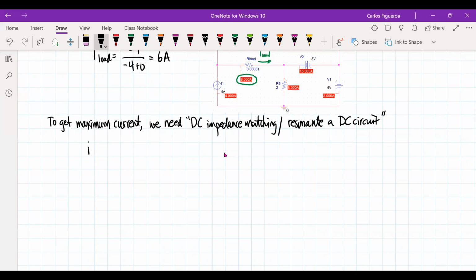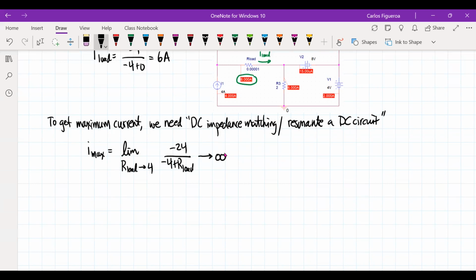So then if I look at my max value, impedance matching implies that I need to make the denominator 0. I have to make it as small as possible. So then I'm going to take the limit where our load approaches 4. If I do that, then I get minus 24 divided by minus 4 plus R load, and you can see this guy now approaches infinity.